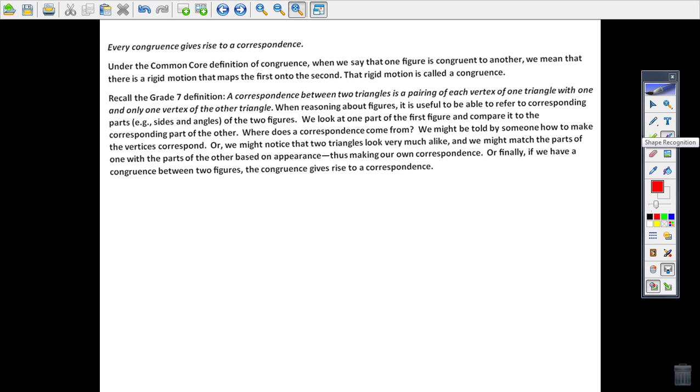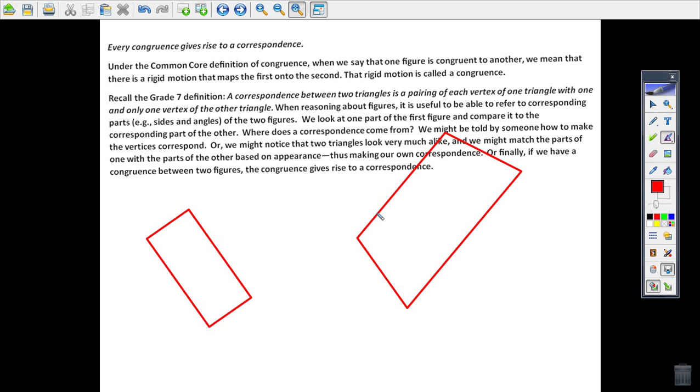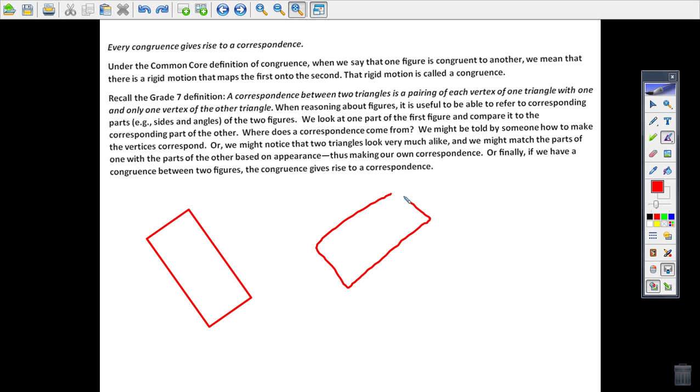So if I have a quadrilateral, or let's just say a parallelogram, and another parallelogram, I could talk about those two somehow corresponding to one another, even if they're not congruent.